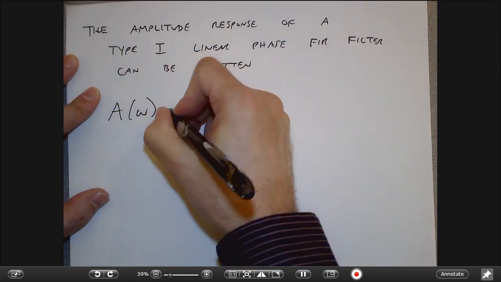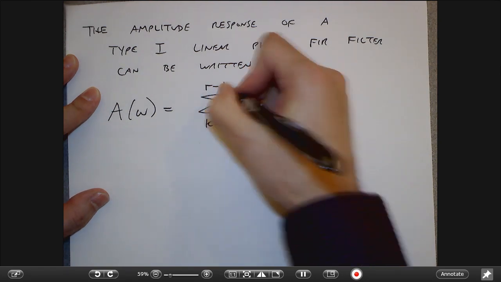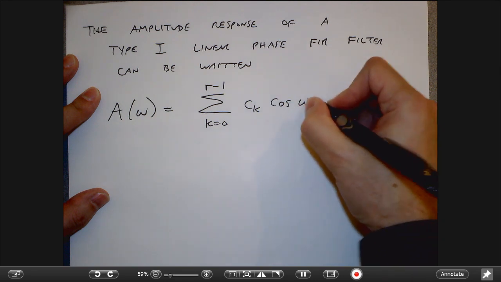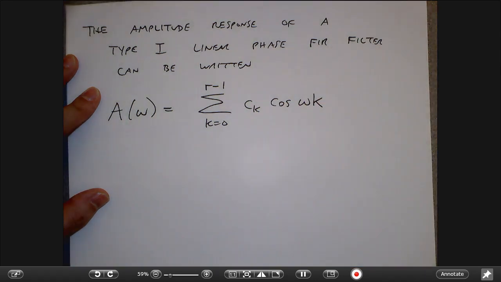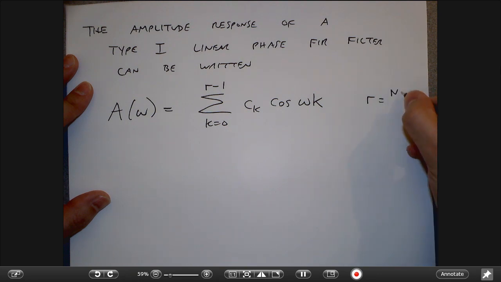A of omega is equal to the sum of a bunch of cosines, each of which has a certain weight. And again, this R I'm going to define as n plus 1 over 2.